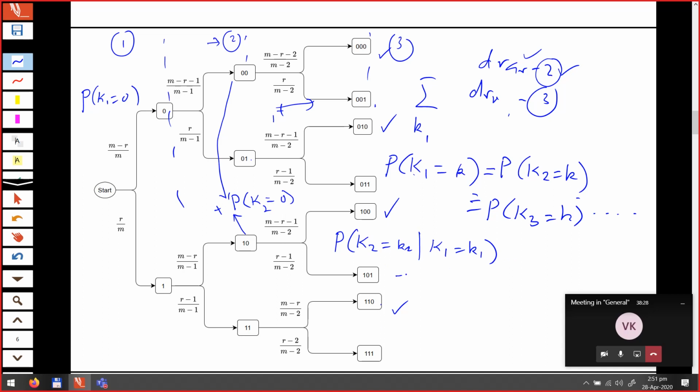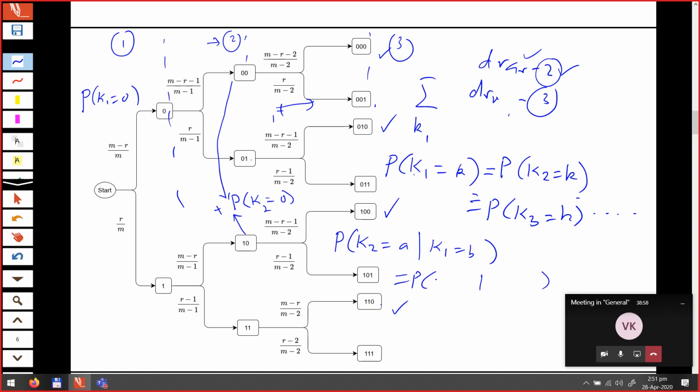This is the same as if you ask the same question. Actually, instead of K2 and K1, I'll use some other language. Let me write, let's say A and B, so that I don't change it from question to question. So I do change the draws, draw 1, draw 2, but I don't change the value. So if A is 0, it will remain 0. If A is 1, it will remain 1.